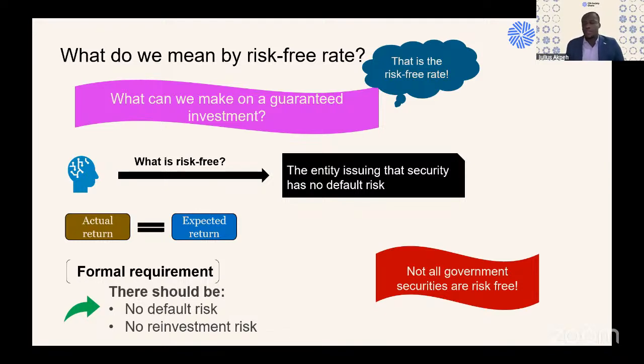Now, these things will get you thinking. Think about the Government of Ghana. The Government of Ghana has been issuing bills, okay, treasury bills. And foreigners buy the bills, the locals also buy the bills. Now, the government promises that in 91 days, I'm going to pay you 22%.